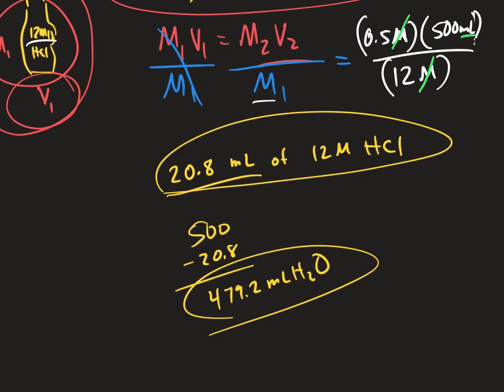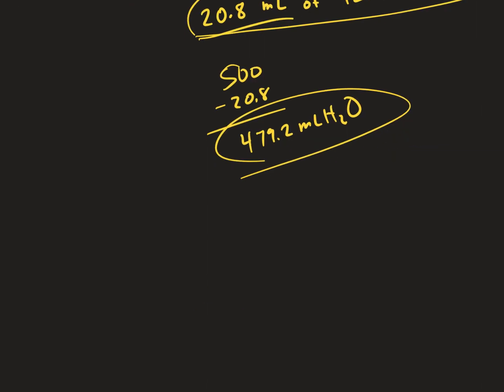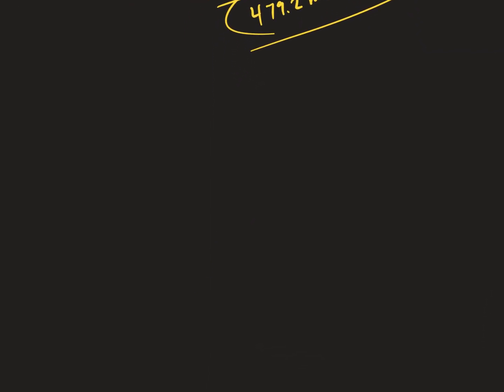Can we do the first one on the worksheet? Yeah. Let's do it. Okay, it says, calculate the following dilution quantity. It says, how much water would you need to add? So we're looking for how much water. How much in grams or milliliters or what?